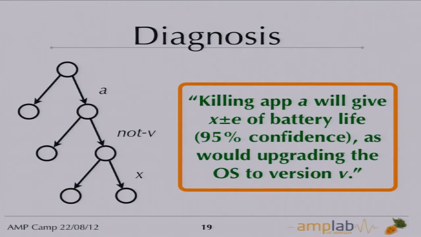I don't mean to pick on Pandora. And we can also provide supplementary actions that you could do instead, like upgrading the operating system to another version, and we could even say what the error and confidence bounds on that are, and so on. So we can do this sort of diagnosis that's specific to a particular device under specific conditions. We can say things about whether turning Wi-Fi on or off will help, and so on.